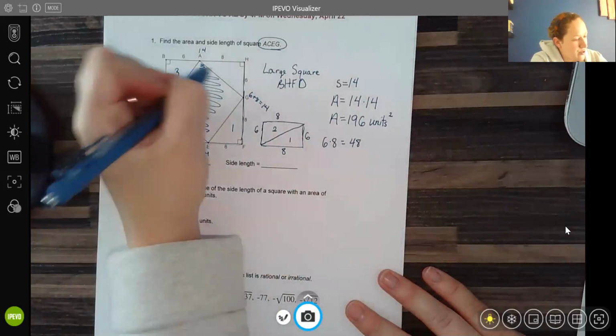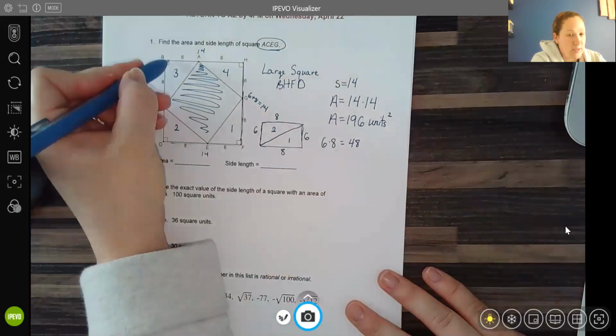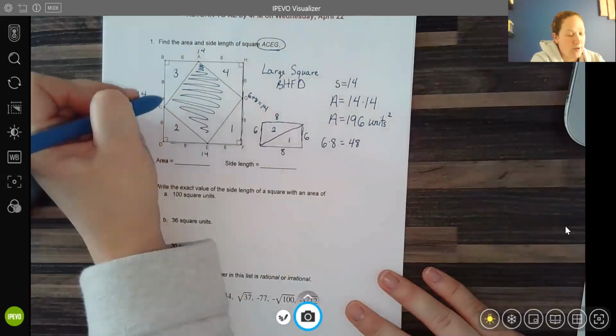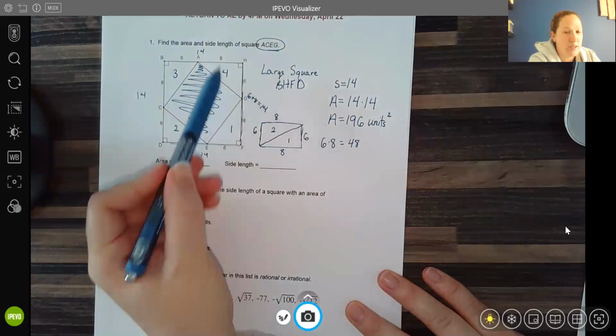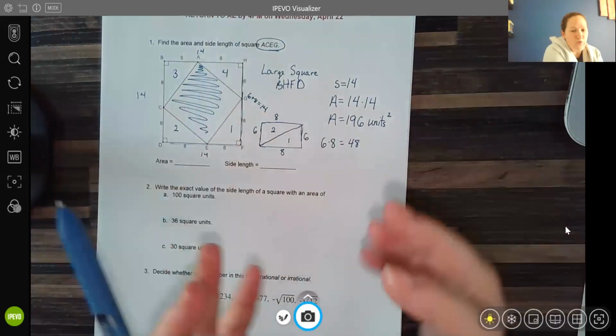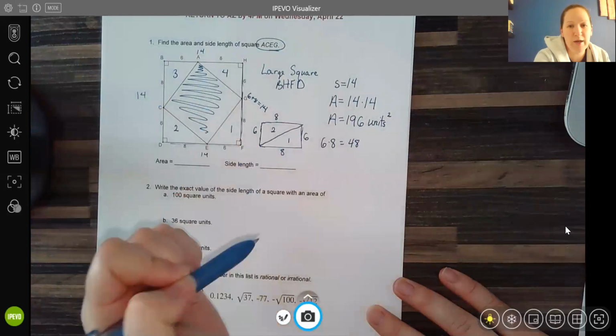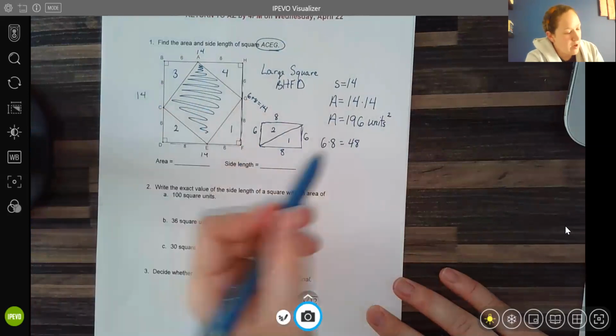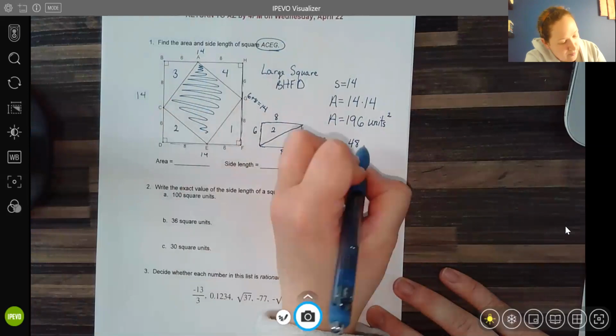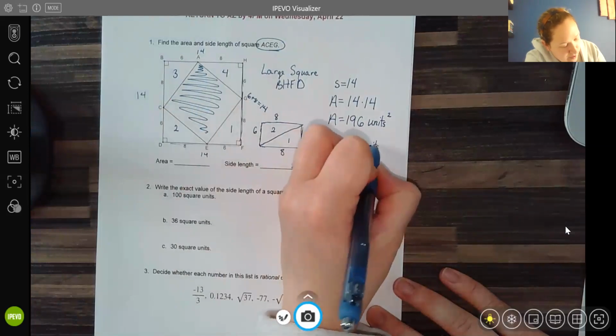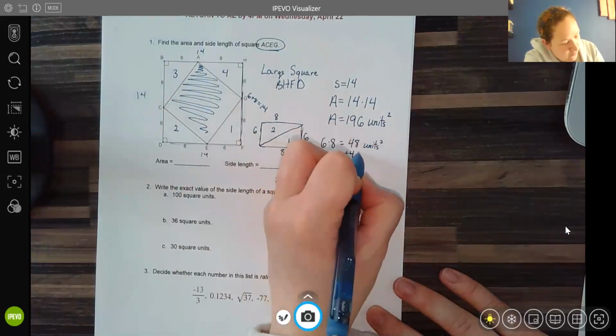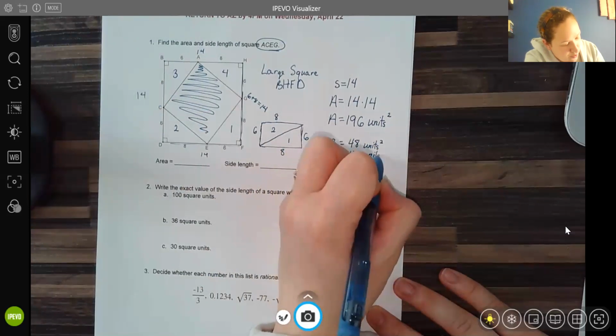If I look at triangles 3 and 4, side of 6, side of 8, side of 6, side of 8. So I can kind of move these 2 triangles together to form another 6 by 8 rectangle. So that means I have 48 units squared and another 48 units squared.